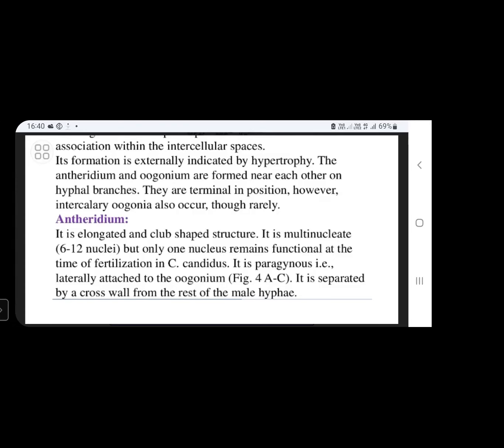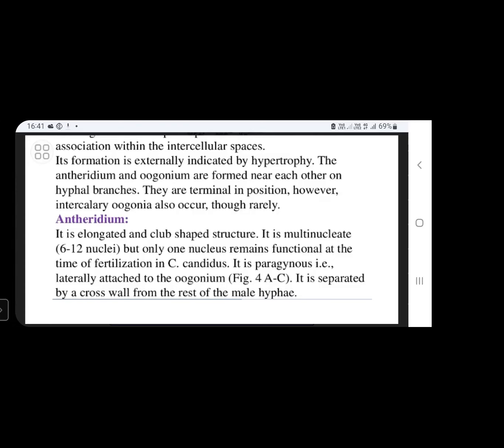Coming to antheridium. Antheridium is an elongated club-shaped structure. It is multinucleated, that means the number of nuclei is 6 to 12. But out of this, only one remains functional at the time of fertilization. The remaining may degenerate. In the beginning, this antheridium comprises 6 to 12 nuclei, but at the time of maturation, it comprises only a single nucleus.